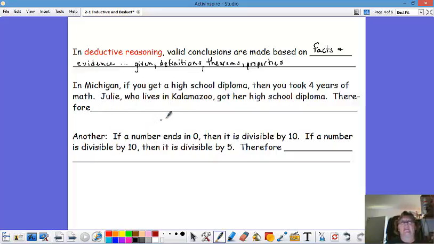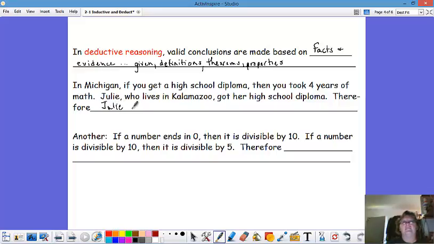In Michigan, if you get a high school diploma, then you took 4 years of math. That's the law right now. Julie, who lives in Kalamazoo, got her high school diploma. Therefore, well, what must be true? Is Kalamazoo in Michigan? Did she get a diploma? If those things are true, then Julie took 4 years of math.